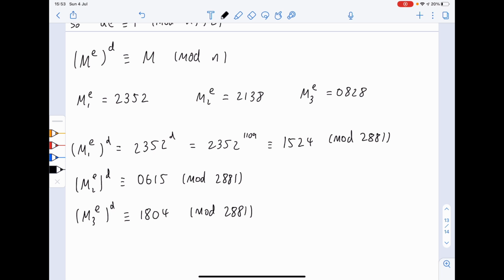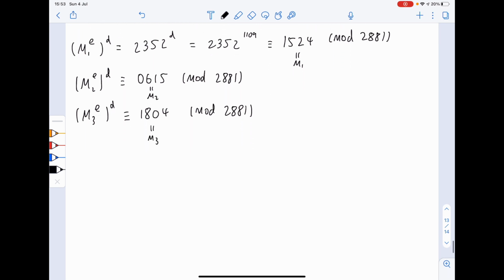Right? But remember, because of this fact up here, we know that this must be M1, this must be M2, this must be M3. So if M1 is 1524, well, the 15th letter in the alphabet is O, and the 24th letter is X. M2 is 0615.